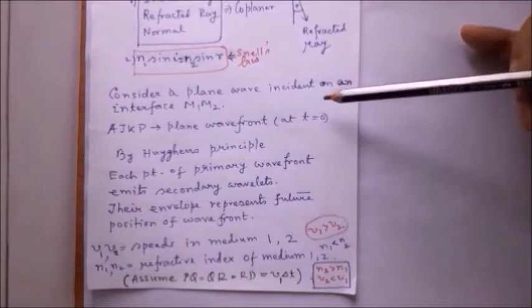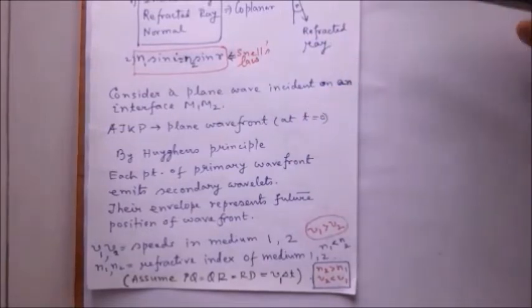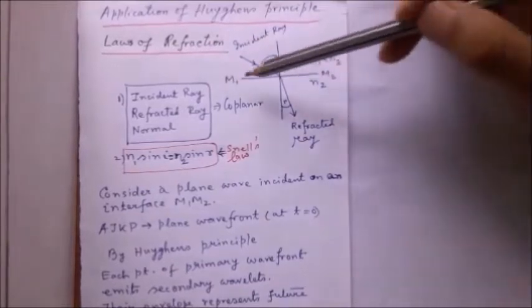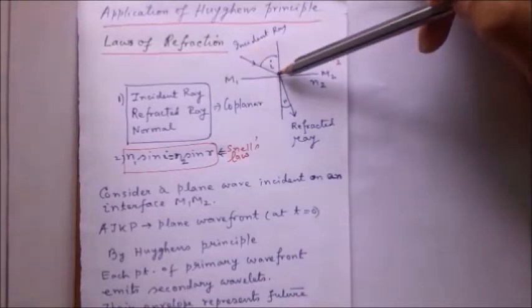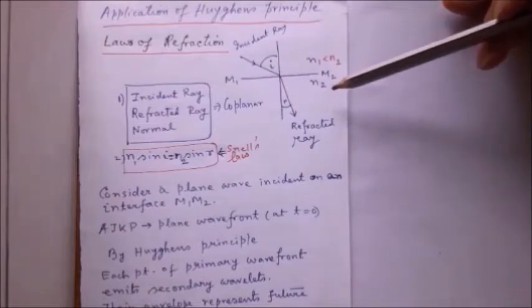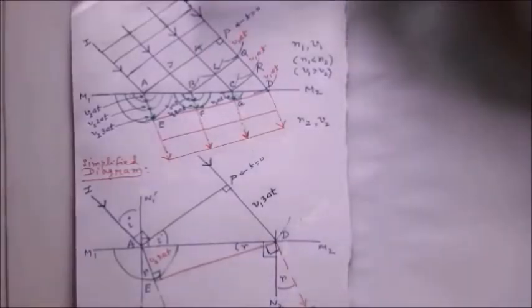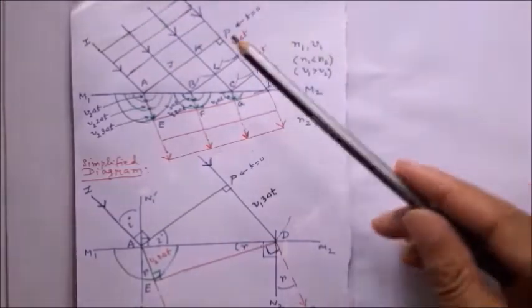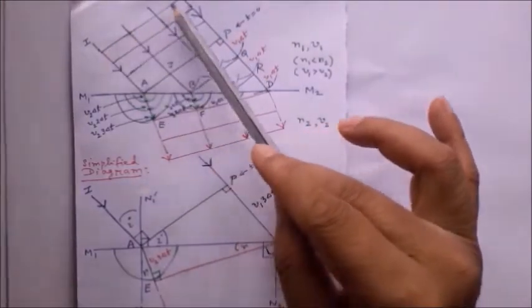Now consider a plane wave incident on an interface M1, M2. So this is the interface M1, M2 and a plane wave is incident on it. Now let us go over to the next diagram. So these are the rays. We have drawn 4 rays and wavefronts are normal to the rays.